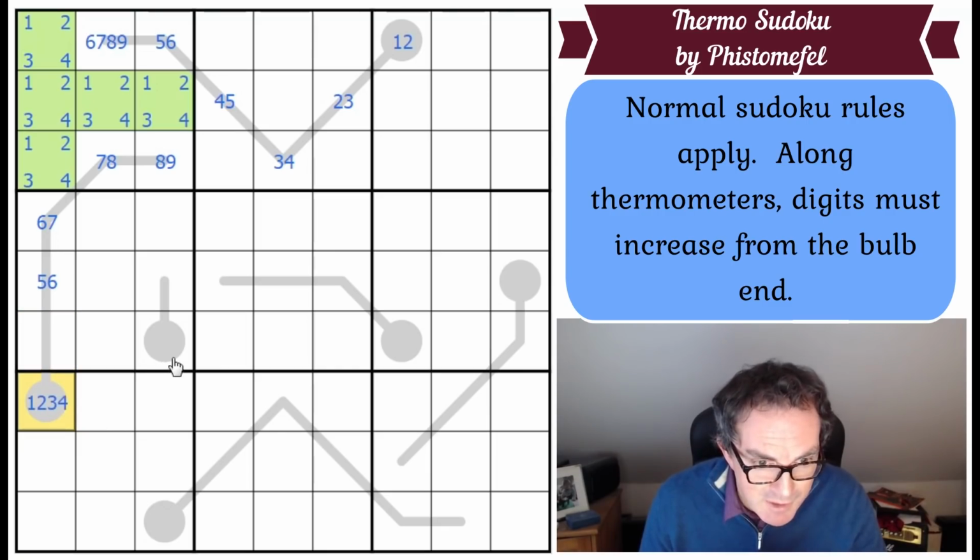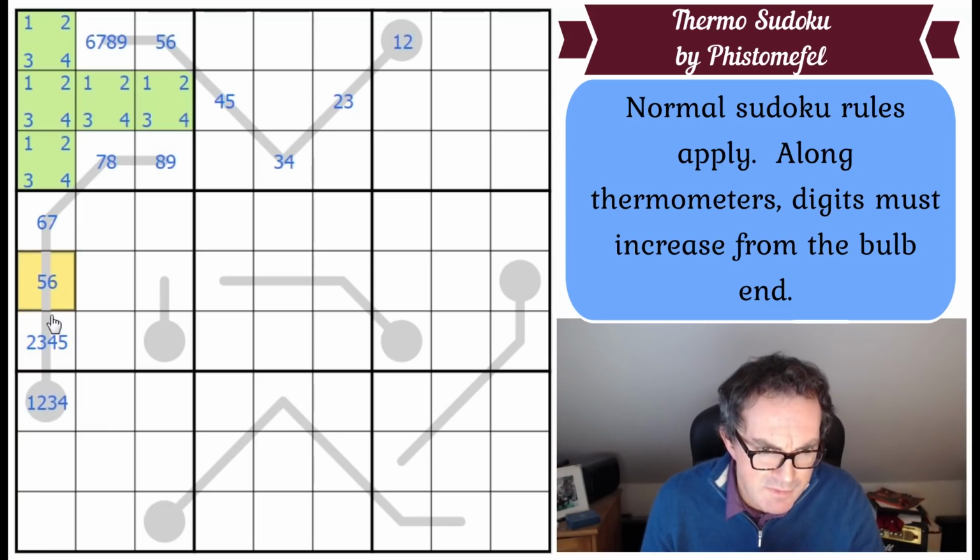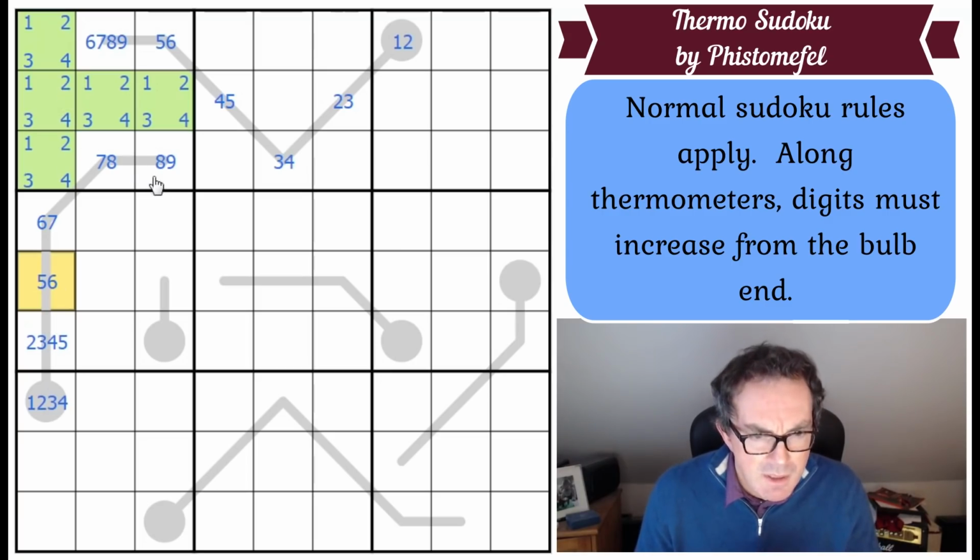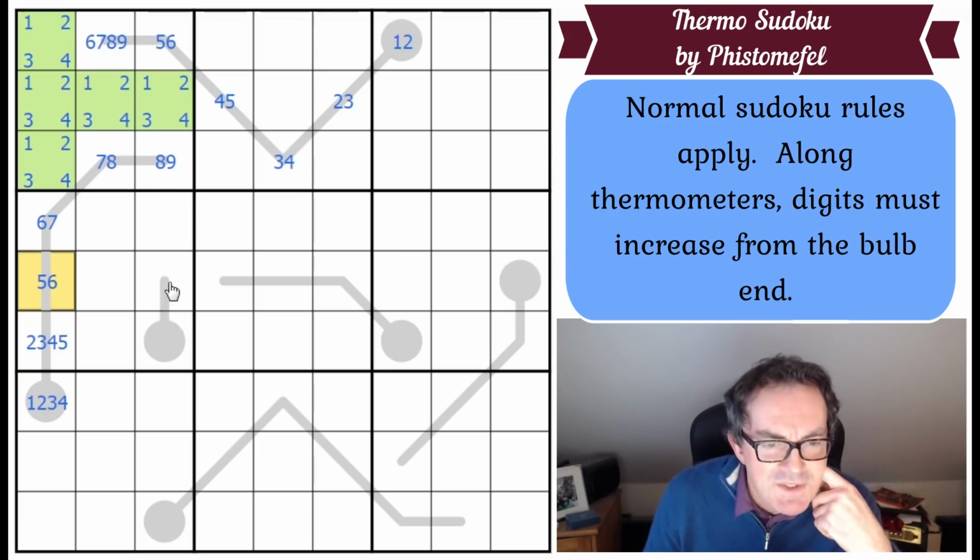Here we go. Right, okay, this has to be 1, 2, 3, and 4. This has to be 2, 3, 4, or 5. And then things change. I'm not quite understanding this.